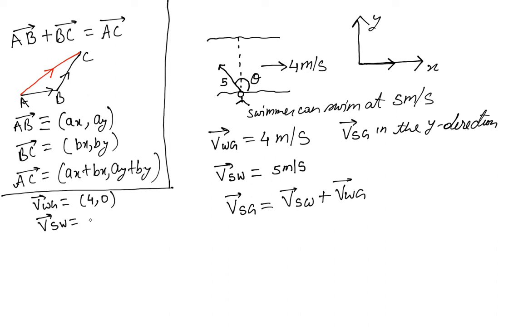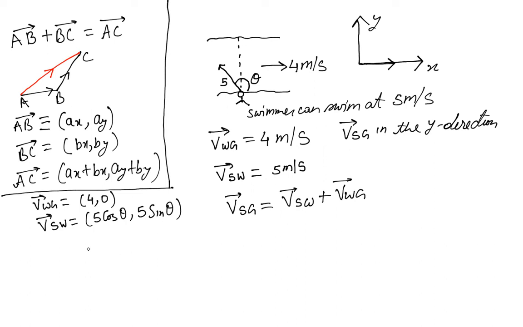VSW is 5. We have defined VSW, the velocity of swimmer with respect to water, in polar coordinates. Magnitude has been given and the angle has been given, and we already have talked about how we can go from polar to Cartesian system, and we know that this is going to be 5 cos theta comma 5 sin theta, right?